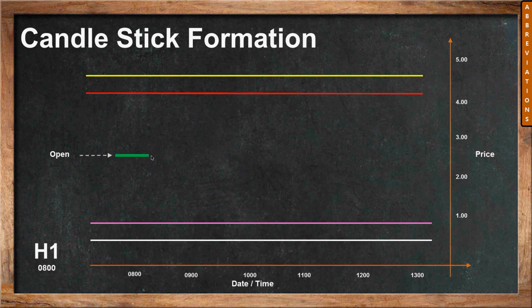We have a candle that opens at this price range. Let's say the price is $2.50. The candle has opened at a $2.50 price. After 15 minutes, the price went down to $1.50, for example.